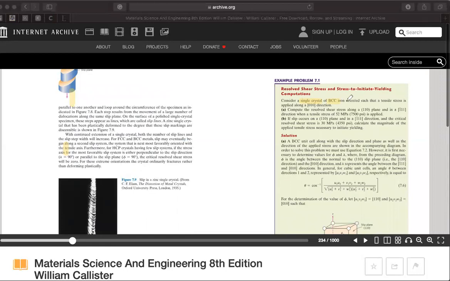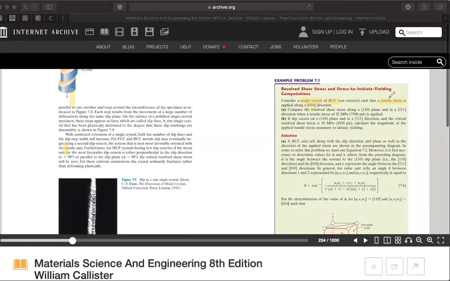It's oriented such that the tensile stress is applied in a certain direction. So you know that from outside, the material will be exposed to uniaxial load, and the direction of that load is 0, 1, 0.